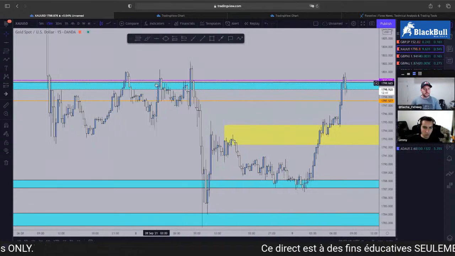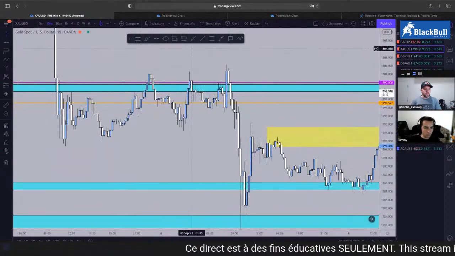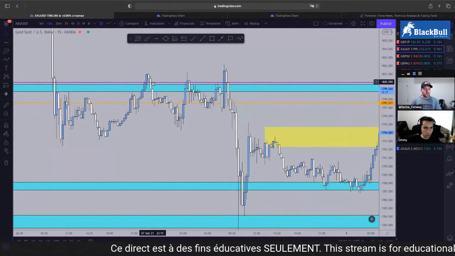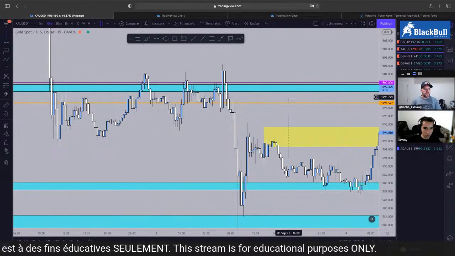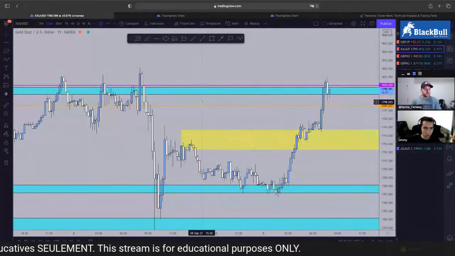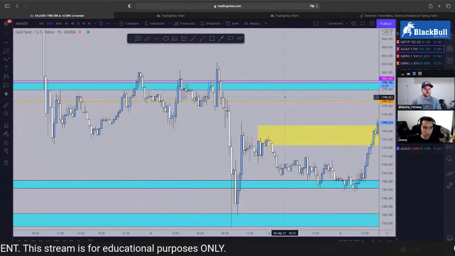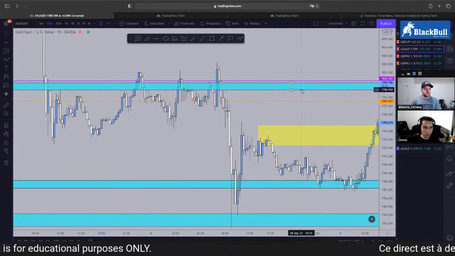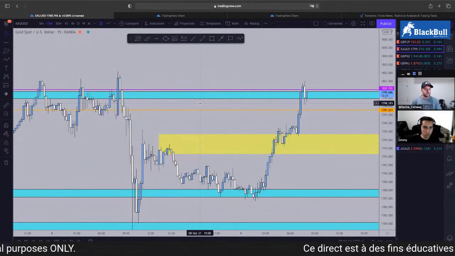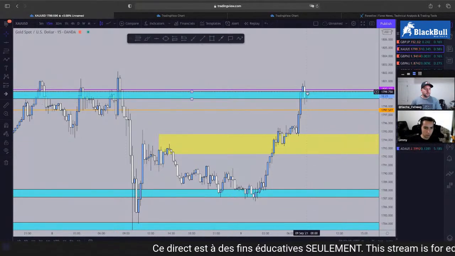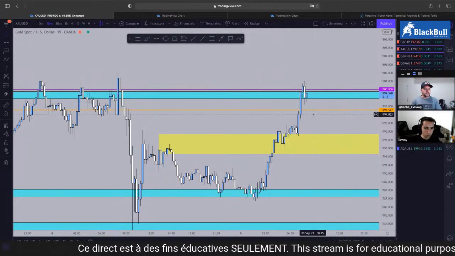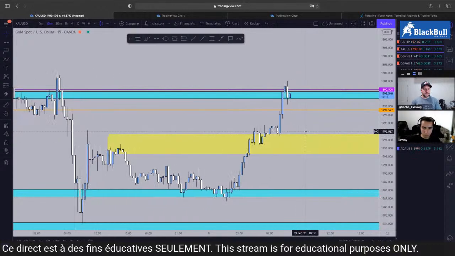But as you see, the previous 3 times that we broke above, we didn't have a proper break and retest. It broke and went straight back in the zone. So even if you're going up, price needs to retrace a little bit, based on that 15-minute.